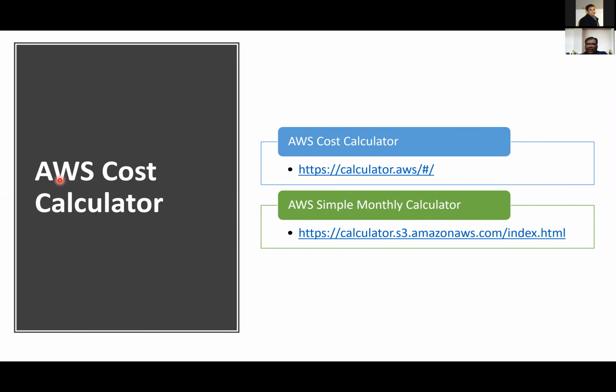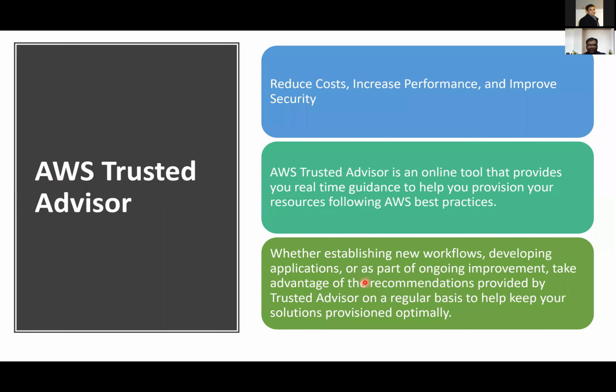And then you can present those numbers to your IT department to give them an idea, hey, this much money is going to cost you. So there are these two different tools given by Amazon which you can use. Let me give you a quick demo of that.